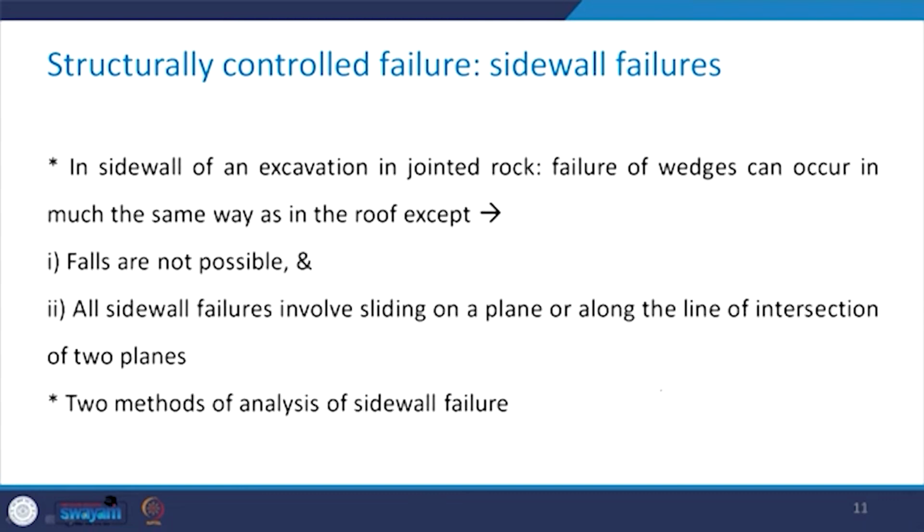Now, as we mentioned that there are two methods for the analysis of the sidewall failure. We discussed about the first method, how the construction of the stereographic projection is done along with the projection on a vertical plane which is parallel to the side wall, and then we saw how the height of the wedge can be determined. So, let us have a look at the second method of the analysis for the side failure.